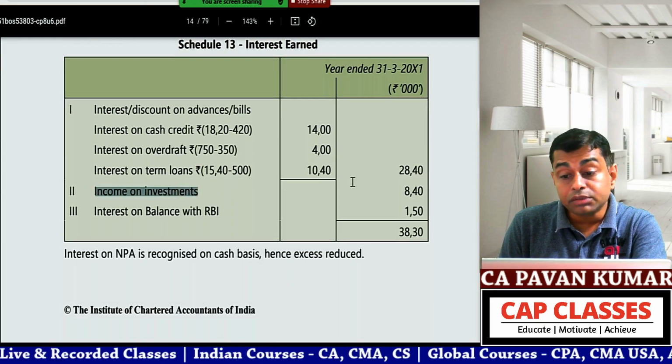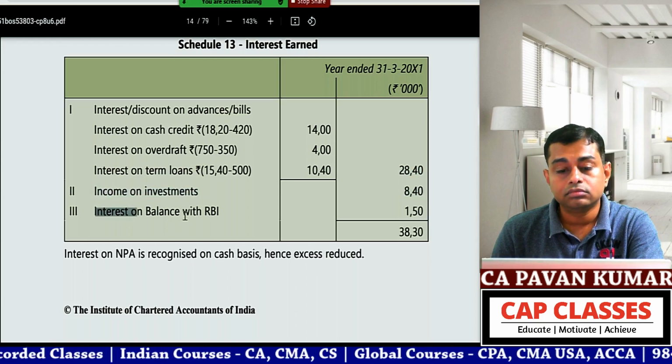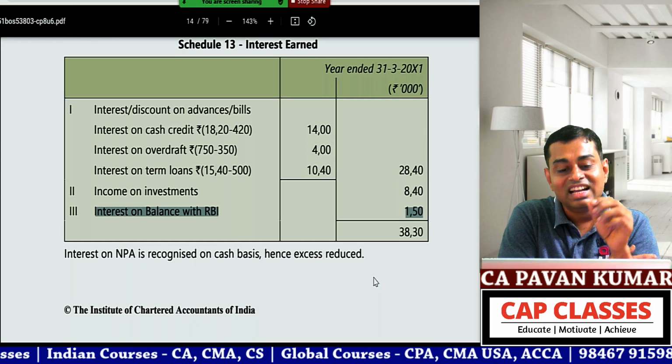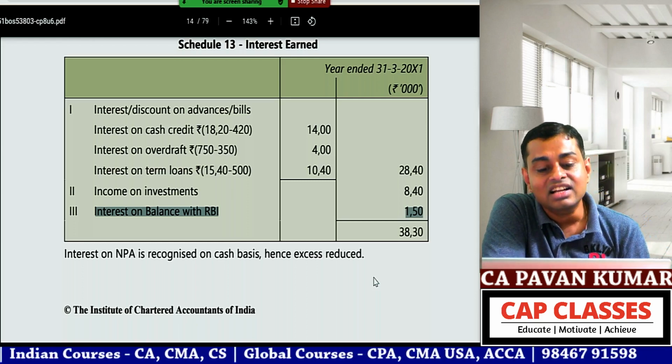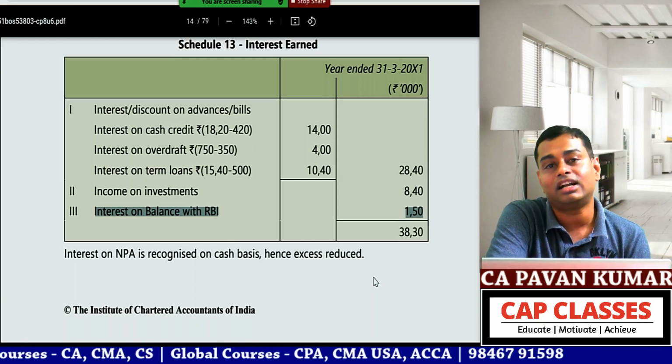Income on investments also they have shown in 13 only. That means it is a debt instrument, something like government bonds you have purchased, so it is interest earned on that.